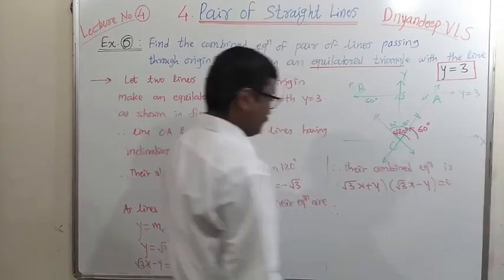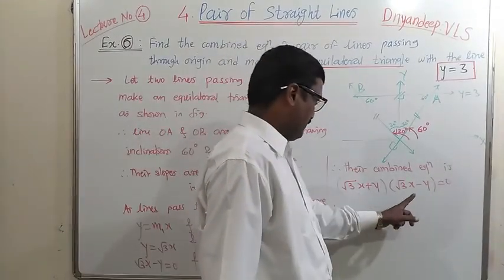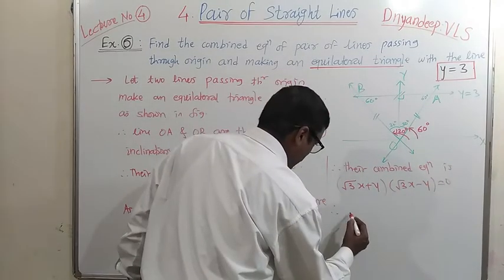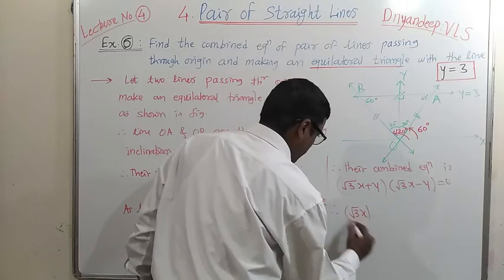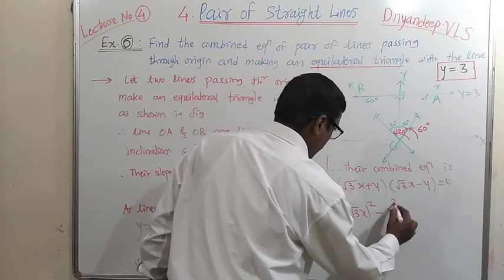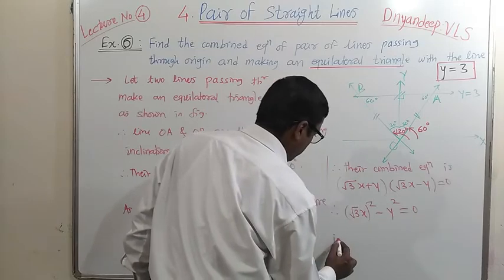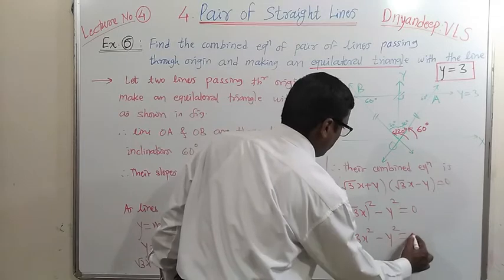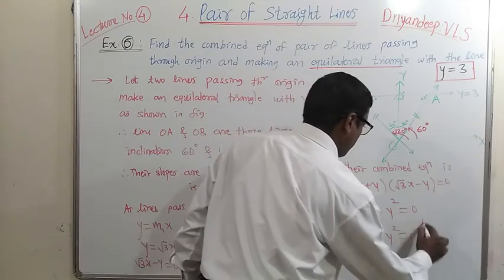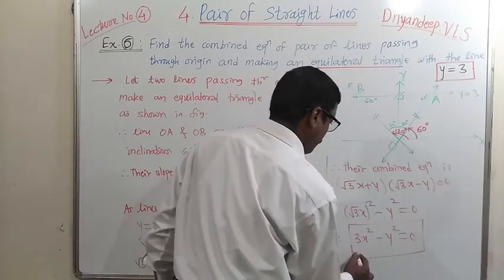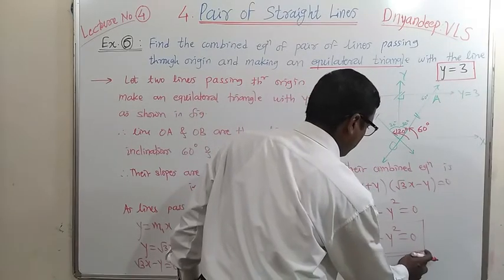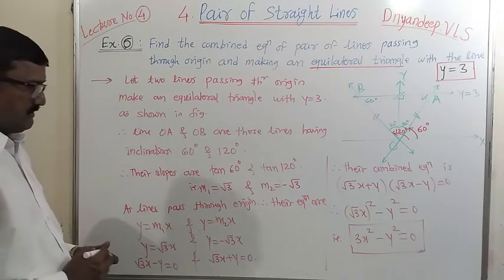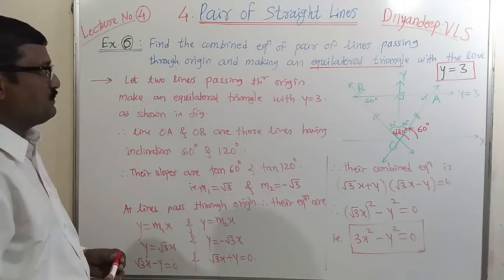It is like a plus b into a minus b. Therefore it is a square minus b square, that is root 3x bracket square minus y square equal to 0, and it is nothing but 3x square minus y square equal to 0. Okay, answer is 3x square minus y square equal to 0.